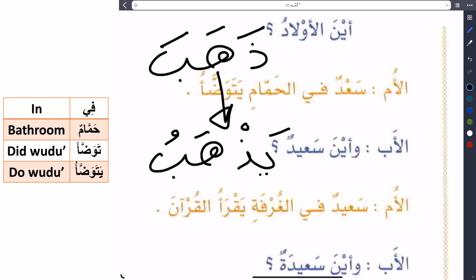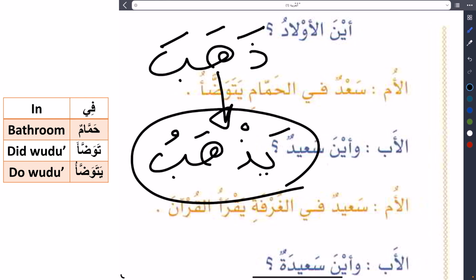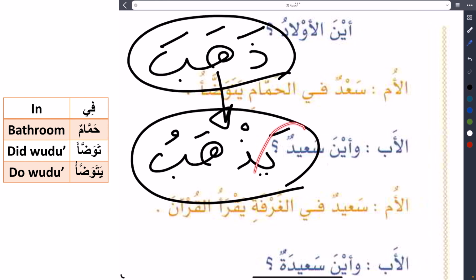So as you see, the present يذهب, the past ذهب. What we did: remove the first letter, put fatha on the last letter, and change the first letter after removing sukoon to be fatha. ذهب. This is the way of forming the past from the present.